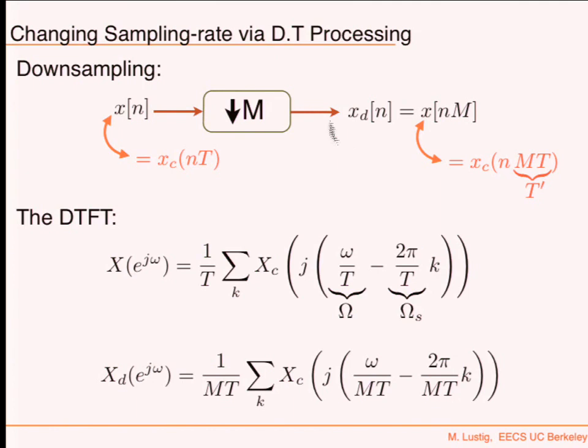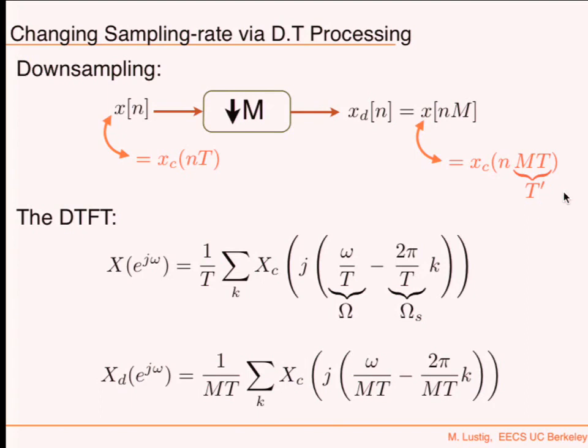Okay, so we're going to decimate. We're going to get x_d. D means decimation, which is really the evaluation of x at n times M. You can also think about it as samples of n times some T, and here n times MT, which is a different rate of sampling.